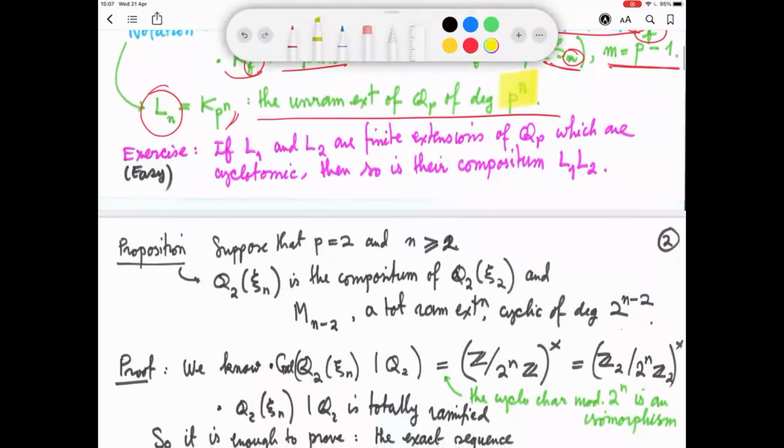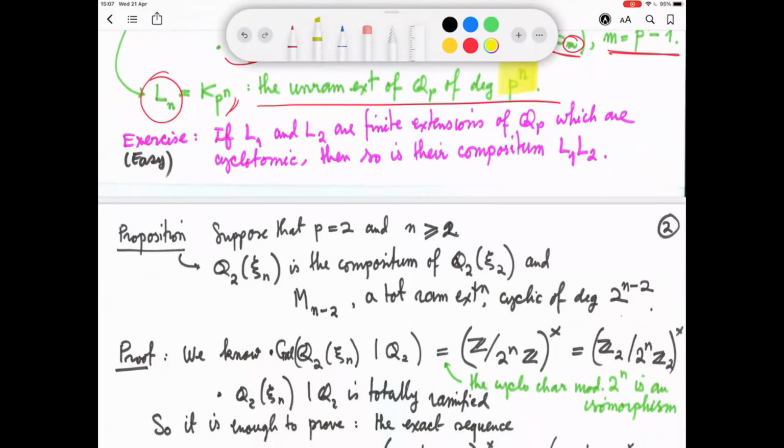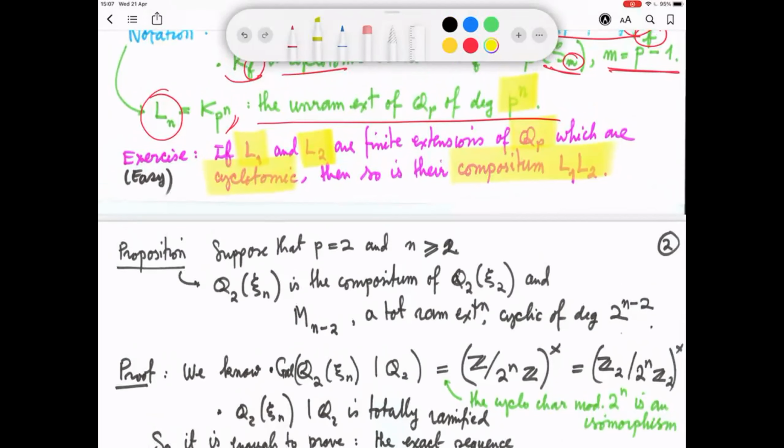Now here's a little exercise with this notation. If you have two finite extensions L1 and L2 of Qp which are both cyclotomic, then so is the compositum L1 L2. That's easy, because adding zeta n1 and zeta n2 is the same as adding zeta m, where m is, I don't know, what? Is it LCM or something?